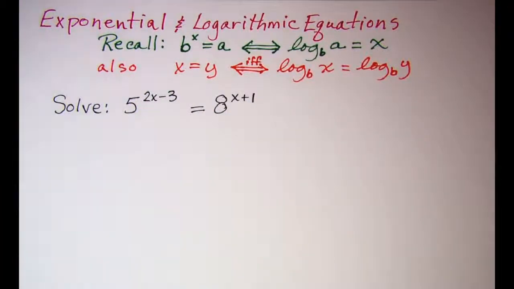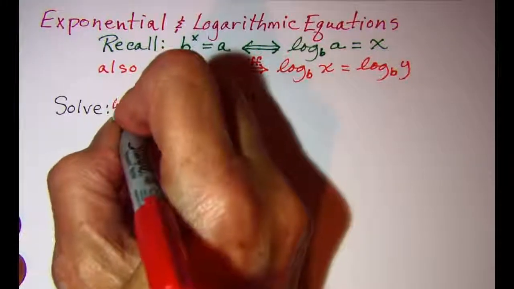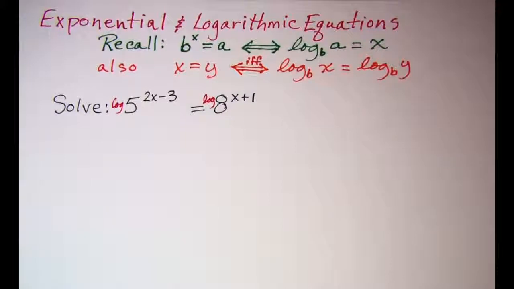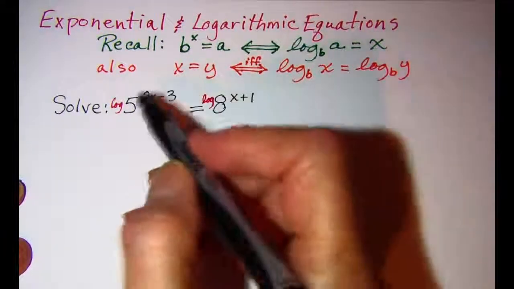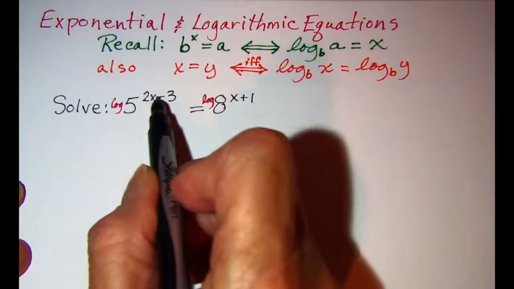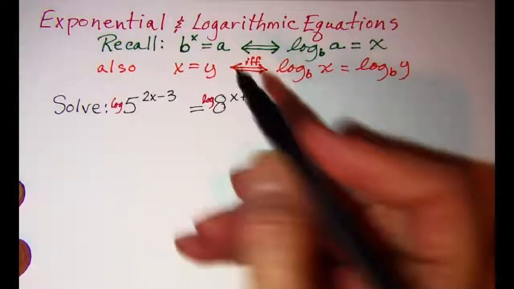Since our variable is in the exponent, we need to log both sides. When we do that, we can use the property that says if you have an argument raised to an exponent, you may take that exponent out in front of the logarithm.